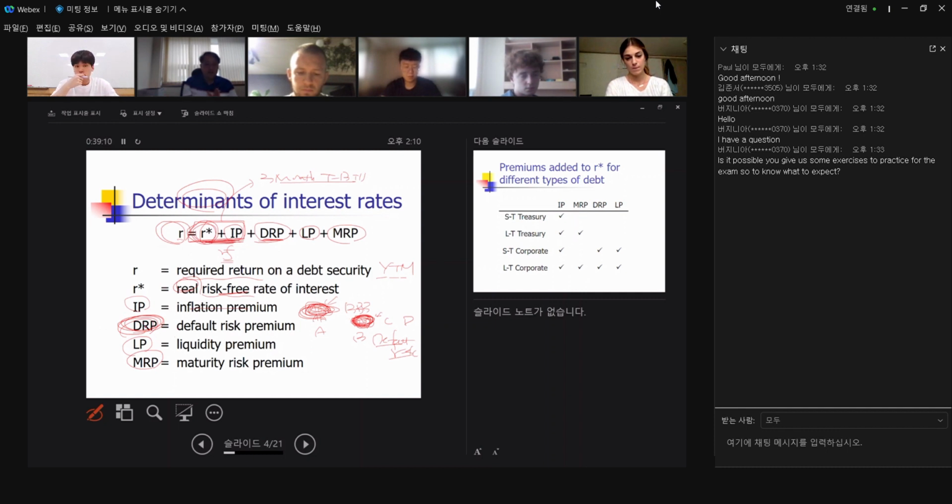So that's the default risk premium. And in reality, how can we calculate the default risk? What kind of things can be used to estimate the default risk premium?